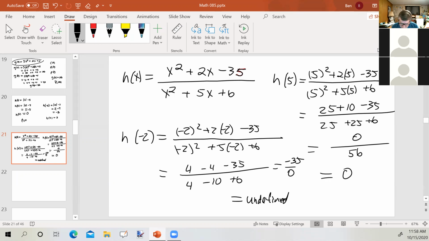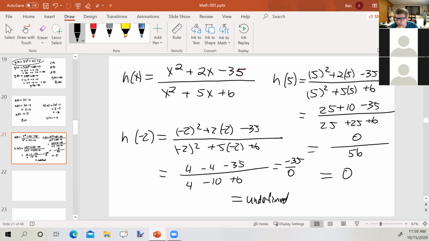Okay, now, you did mention that all the other ones will eventually graph. So when it's undefined, we don't graph. That's true. Okay. So if we were graphing this equation, excuse me, at x equals -2, there would be no graph.